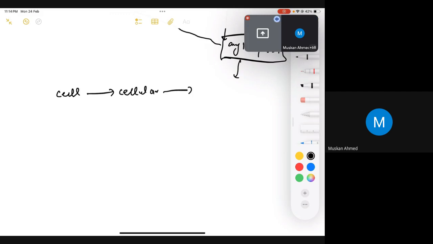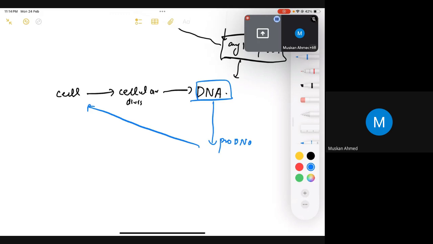So can I simply say that for cellular division, we need DNA? Yes. So this statement can be modified: anything which leads to a problem with DNA would cause less cellular division.